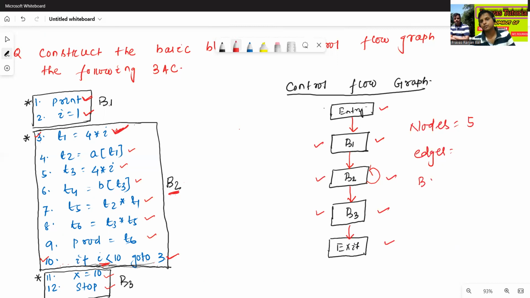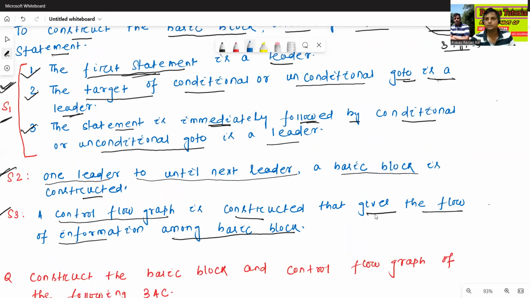So basic blocks equals 3, and the total number of nodes equals 5. So how many edges here? This is 1 edge, 2nd, 3rd, 4th, and 5th edge. So number of edges equals 5. Okay. So this is my control flow graph. What is the second definition? We'll try to understand.